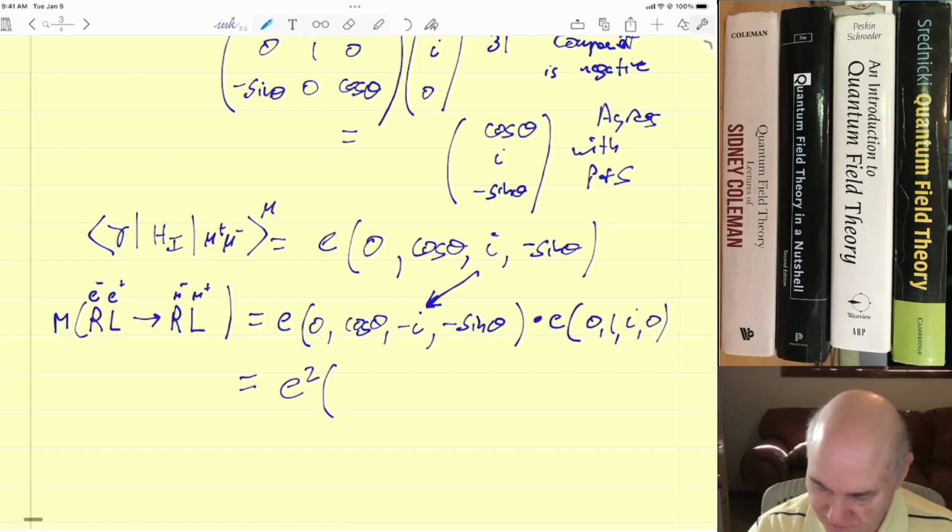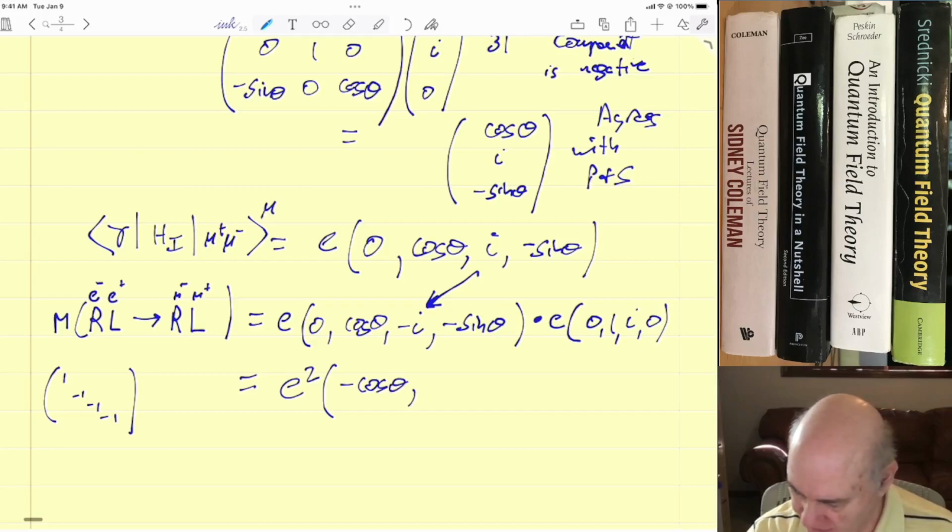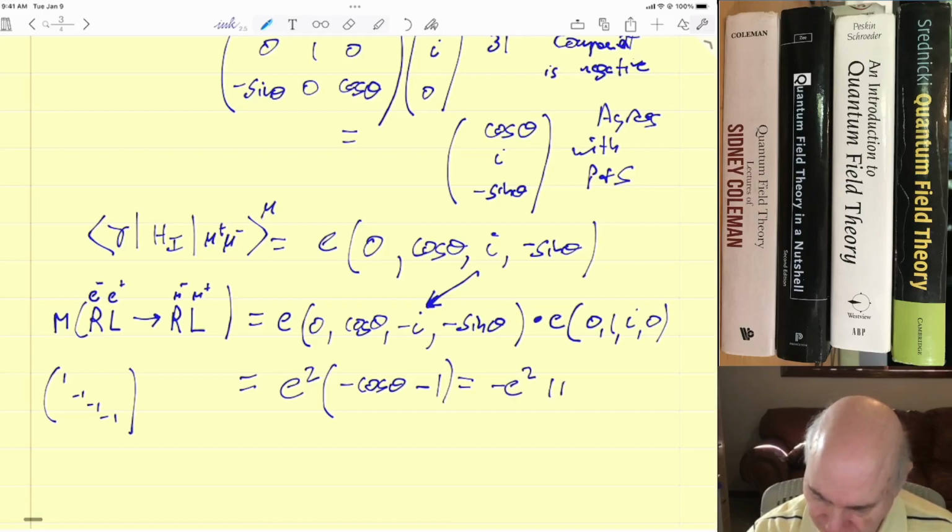Now remember, the convention in this book is using a metric of 1, minus 1, minus 1, minus 1, so spatial components are negative. So I have cosine theta times 1, but it's negative, minus cosine theta. Then I have i times minus i is 1, but I'm sorry, so I have minus 1. And so this is equal to minus E squared times 1 plus cosine theta.